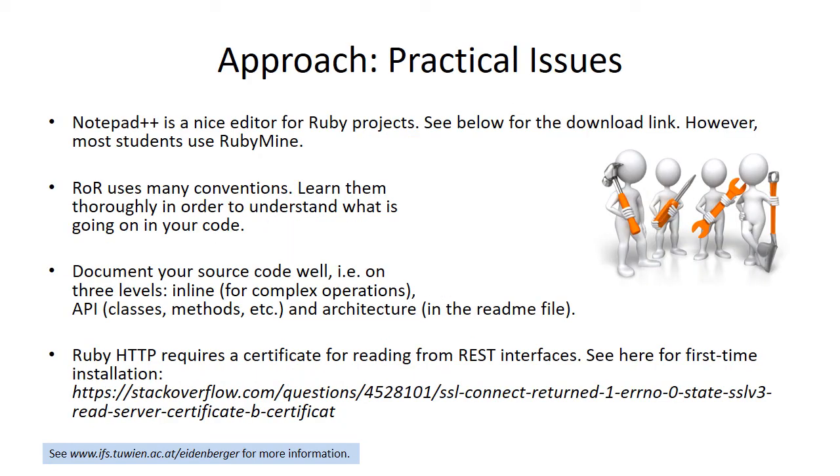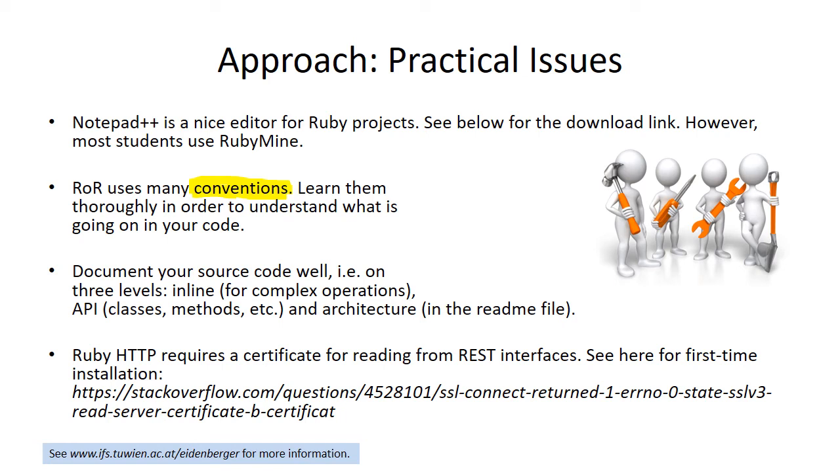Some practical issues. I still like Notepad++, but most of the students use RubyMine. Fair enough for me. The conventions have to be learned. That is something, knowledge that you have to practice. If you understand them well, you can implement, as I said before, stuff very, very quickly. That is where you should get.